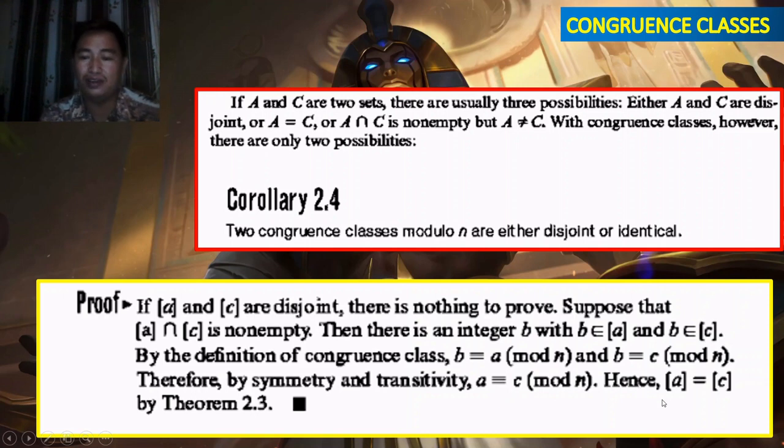By the previous theorem, the equivalence class containing A is equal to the equivalence class containing C, by Theorem 2.3. So either they are disjoint or equal, nothing else.